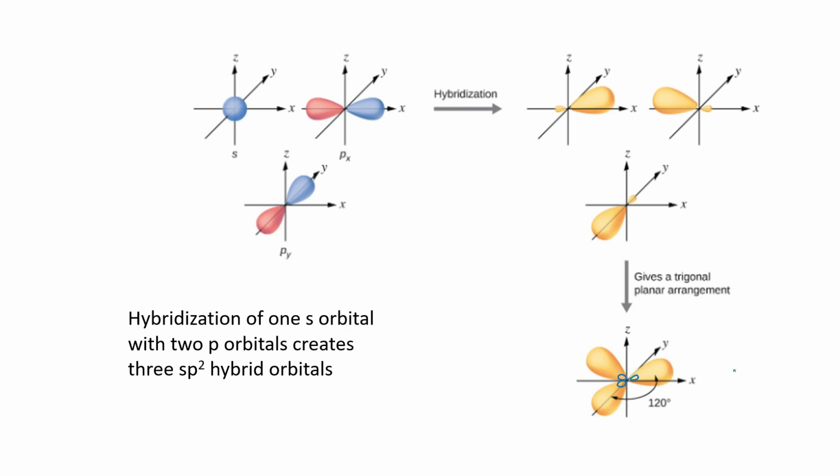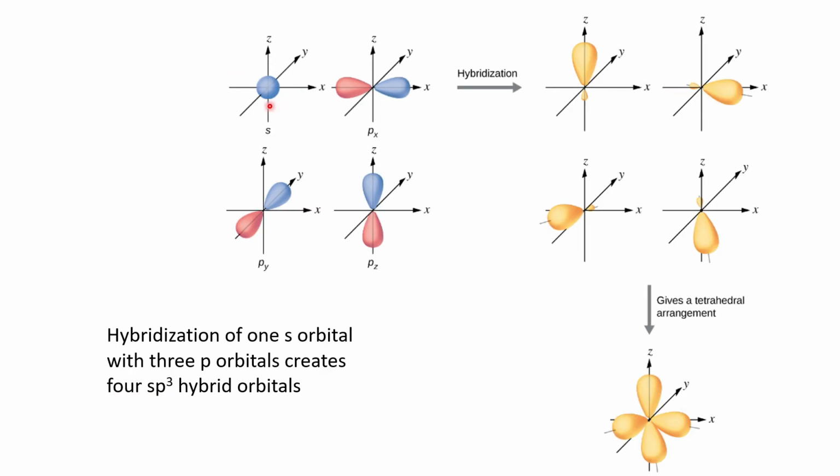It just makes that picture really complex. And of course, the electrons spend most of their time in the larger lobes, not in the little lobes. So when we mix our one s orbital with two p orbitals, we are going to get 3 sp2 hybrid orbitals.